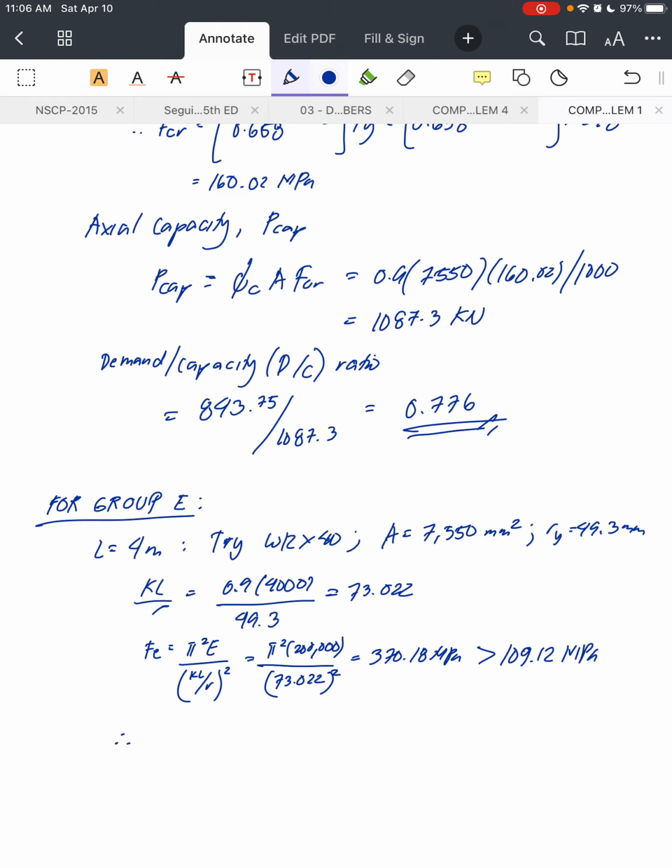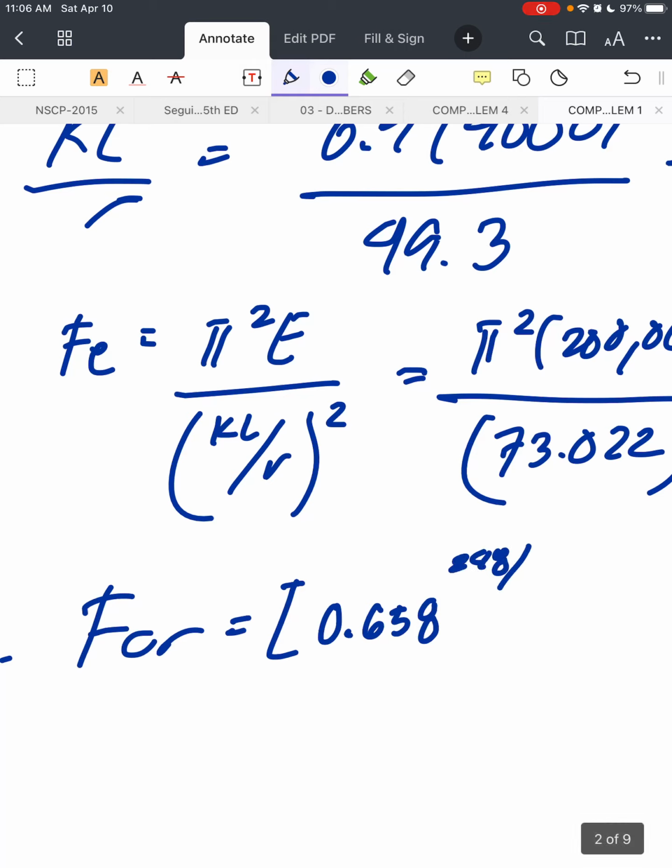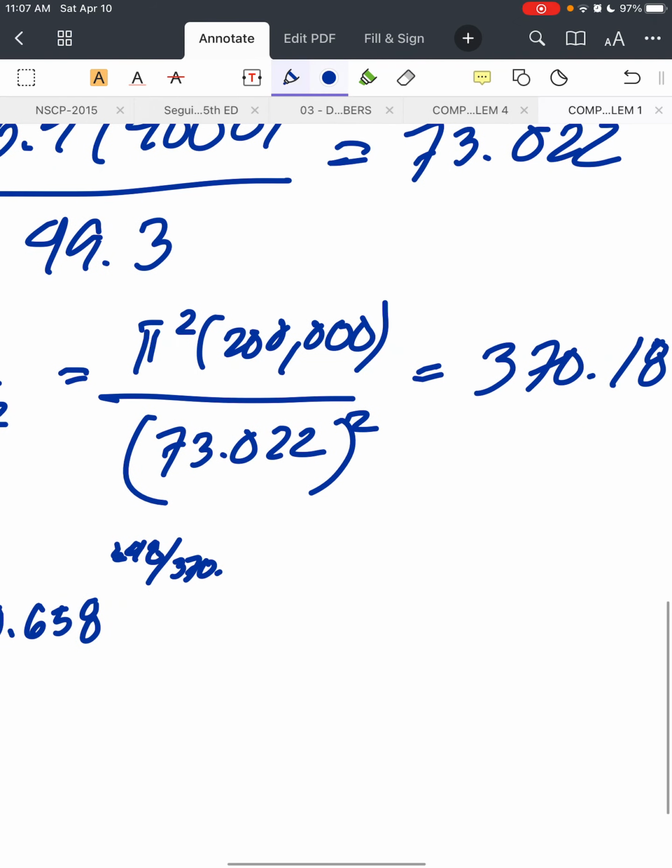So because of that, your Fcr will be equal to 0.658 raised to (248 over 370.88) quantity times 248.